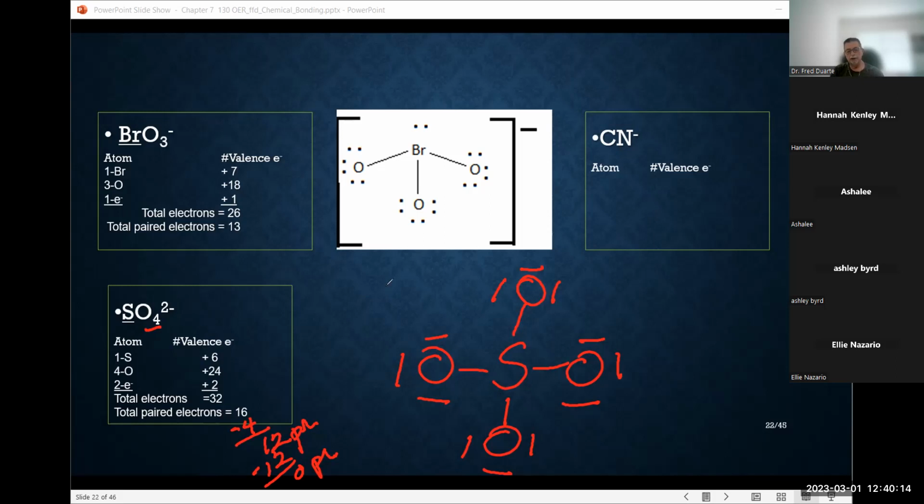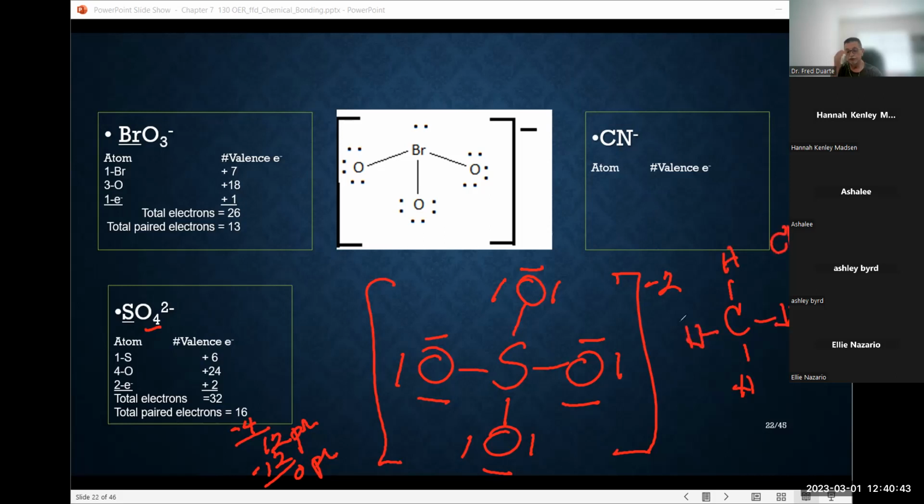Now we draw the bracket and the -2 charge around it. Again, only for polyatomic ions do we put the bracket around. Okay, recall that we did, I think we did methane, and we came up with this formula, CH4.